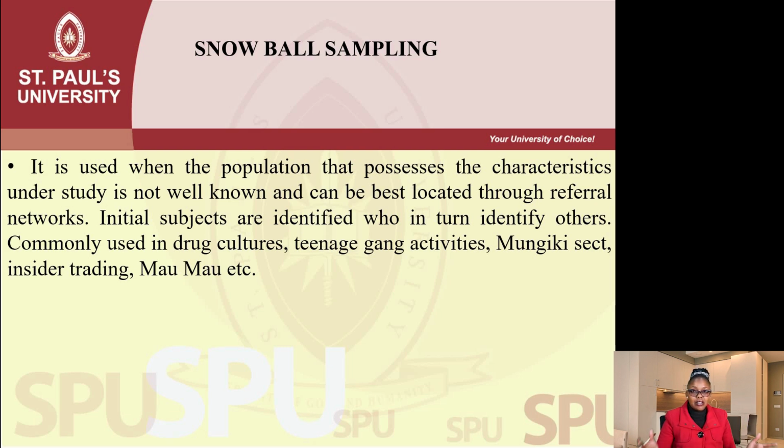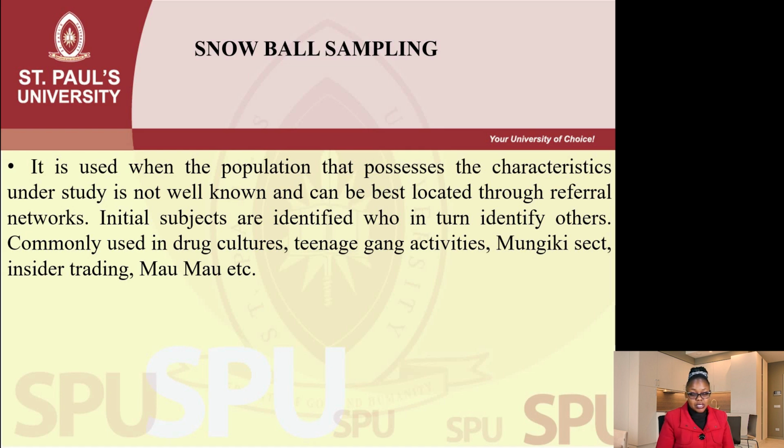But if it is Maendeleo ya Wanawake in Kisumu, you will find even the contact person and all the people who are there. But there are some special populations where you cannot get the people who are already in them or who are already affected by the problem that you're researching on, drug traffickers and all that. It is hard to find them.